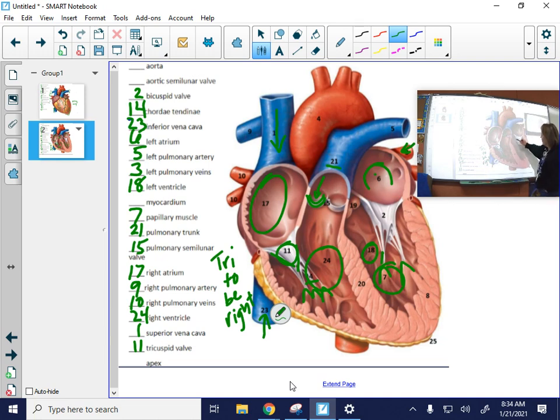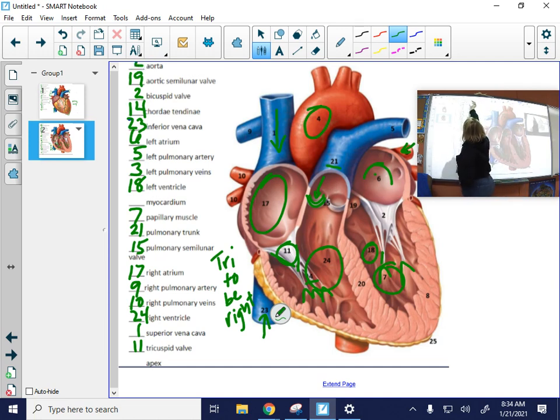And then we are going to go through the aortic semilunar valve. It's hard to see here, but that's shaped the same way as the pulmonary semilunar valves. And so, again, I wrote on it before I looked at the number, 19. And that's leading us into number 4, the aorta.